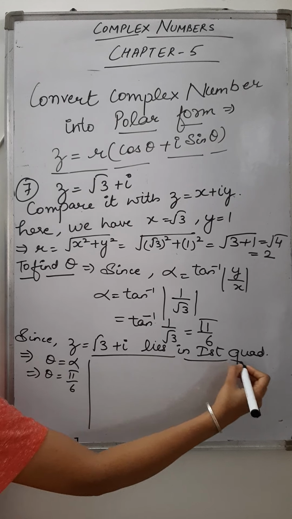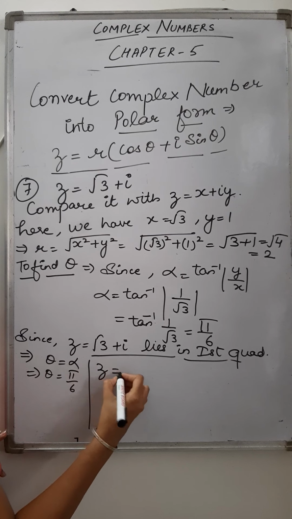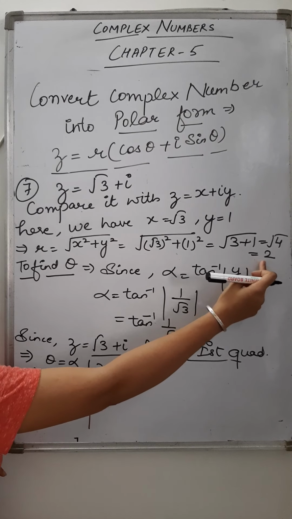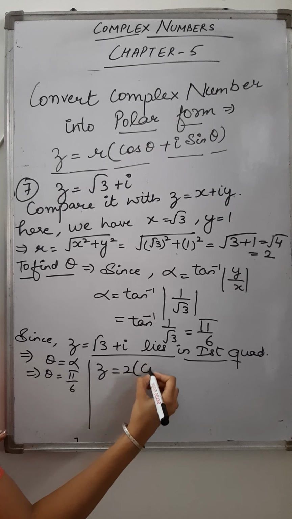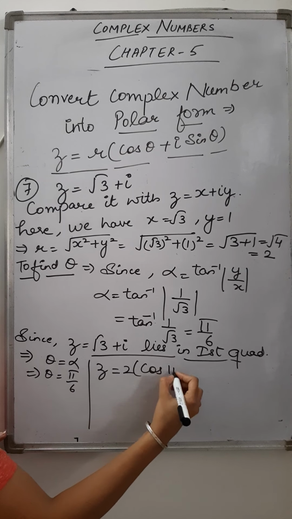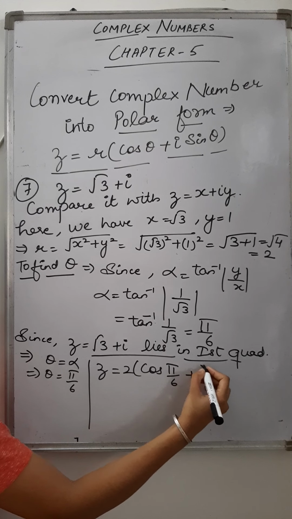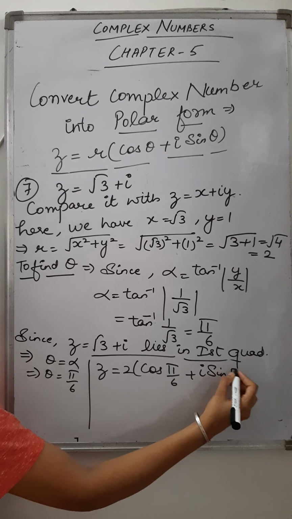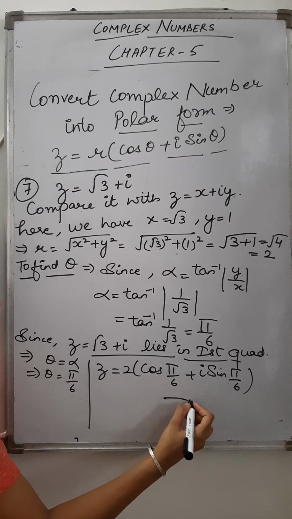The complex number in polar form is z is equal to r, where r is 2, cos of theta, theta is pi upon 6, plus iota sine pi upon 6. This is your answer.